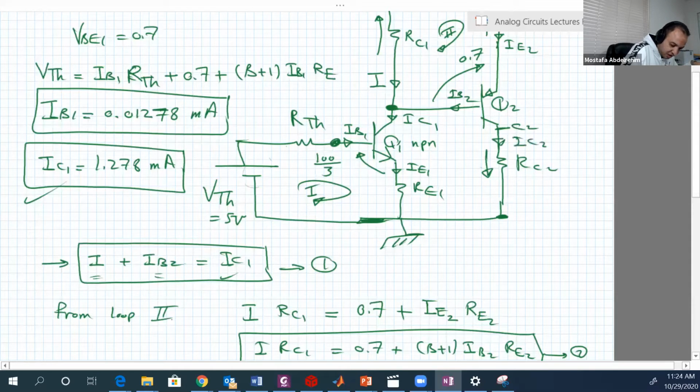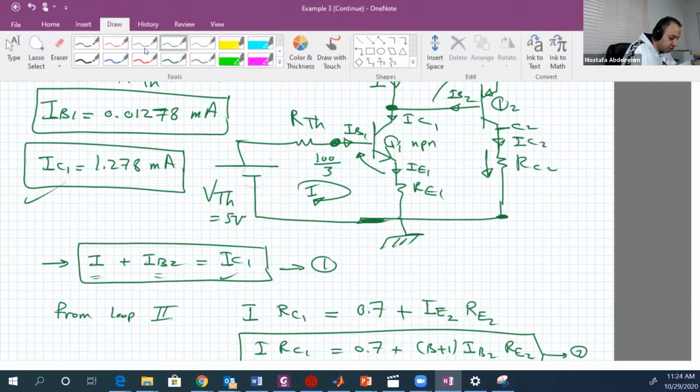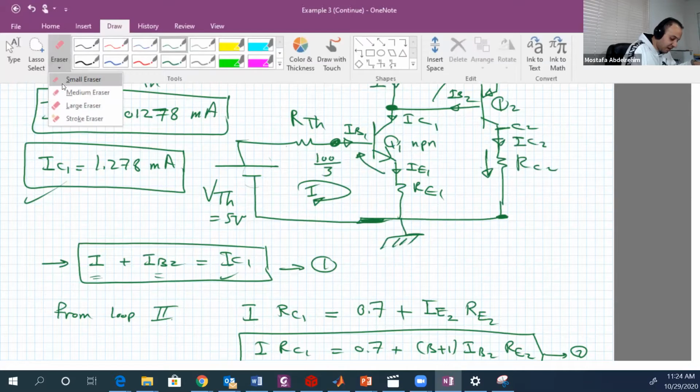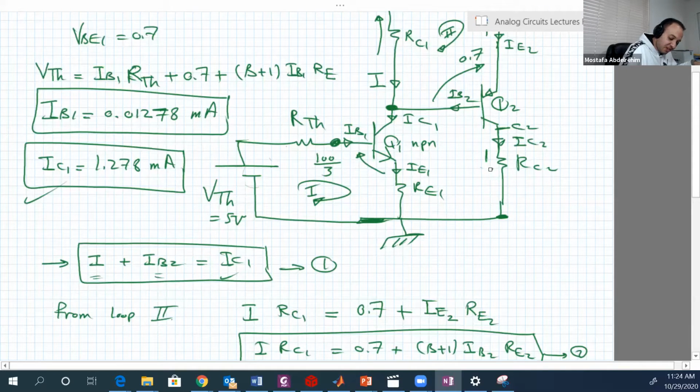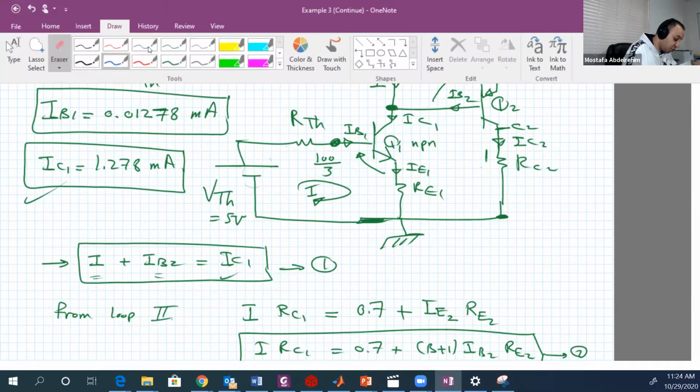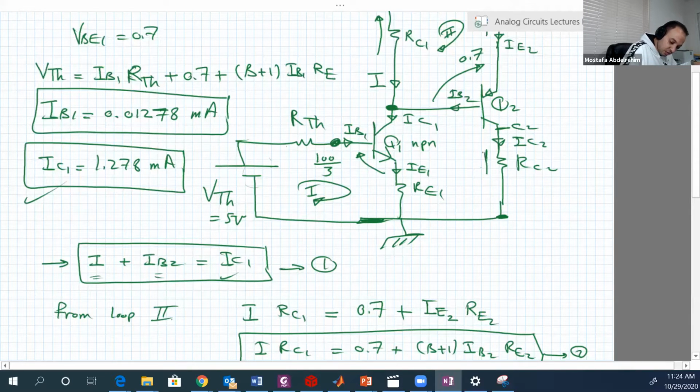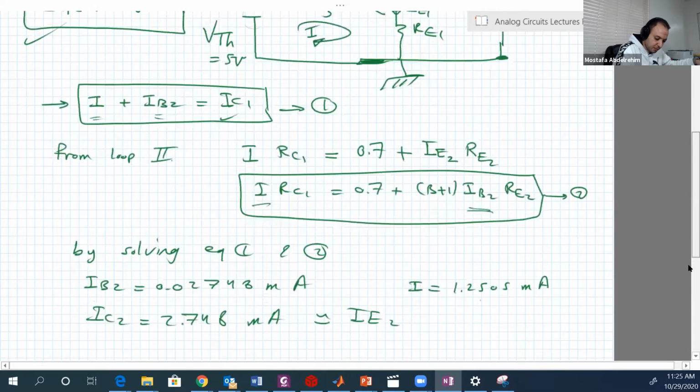I'm very sorry for this, guys. These problems usually lead you to make mistakes of this kind, so be sure to always locate the correct direction of currents. So VC2 is equal to this voltage drop, which is IC2 multiplied by RC2.